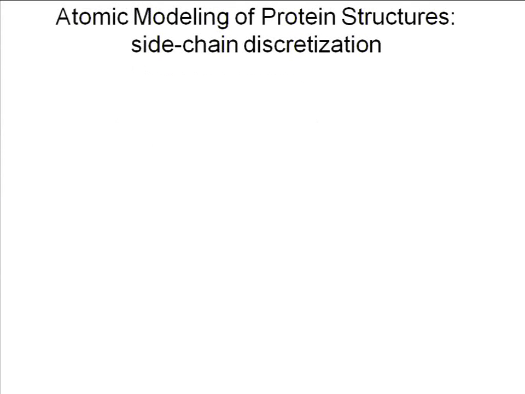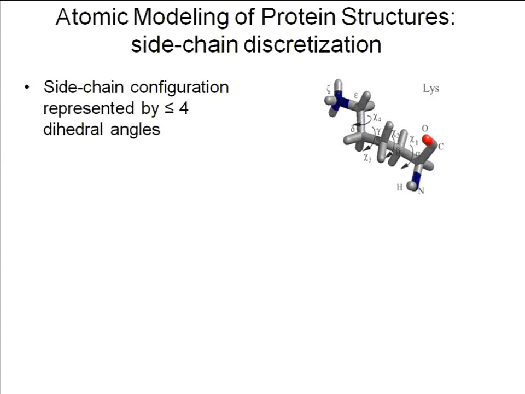When people perform computational protein design, one of the assumptions they often make is that you start off with a particular protein structure, and in this work we're going to assume a protein structure with a fixed backbone. In addition, we're going to model the amino acid side chains in a discretized manner. I'll describe what that means in a second.